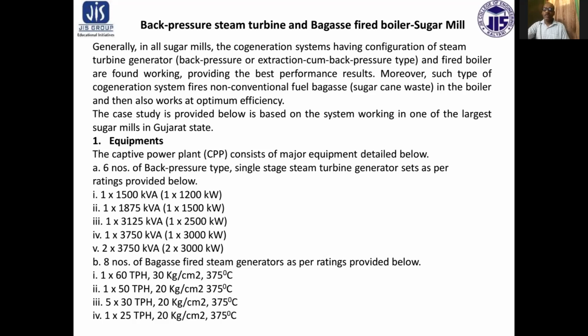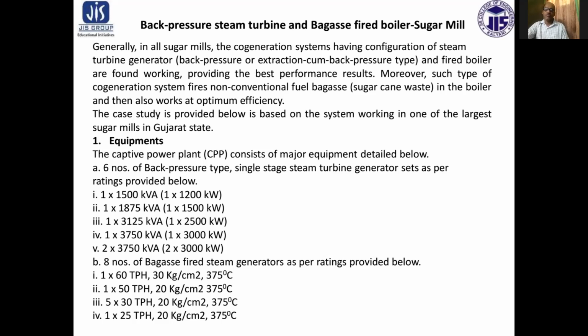So why are these back pressure steam turbine generators and fired boilers used in sugar mills? Because in sugar mills, for industrial processes, for drying and similar purposes, steam or heat is the main criterion.